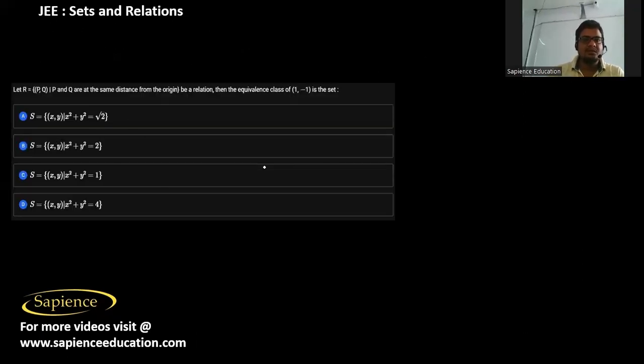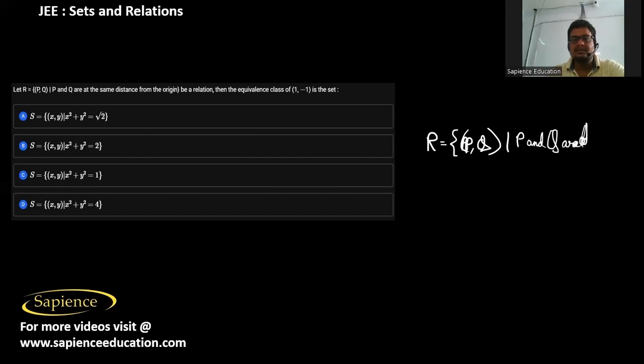Then here it is told, let R be a relation which contains the elements, the ordered pair P comma Q, such that P and Q are at the same distance from the origin.